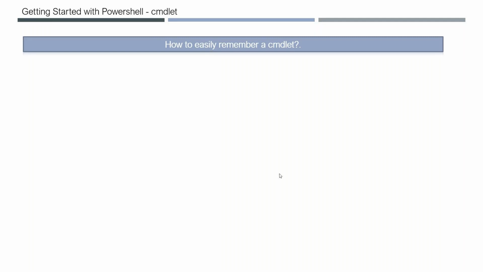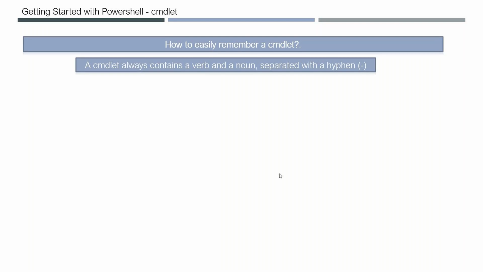So in PowerShell, this is how you can easily remember a cmdlet, or let us say you want to do something on IIS. It might be reading or creating, etc. But even for searching, you need to know some keyword to search for the command, right? So that's what I'm going to help you with here.